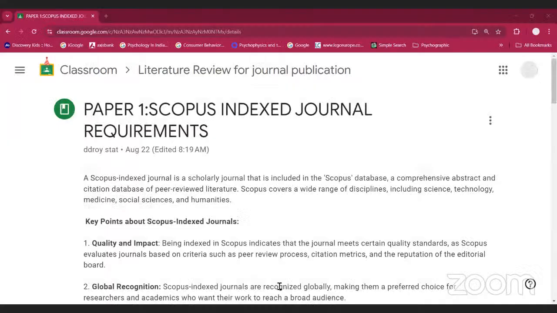Now I am requesting you to go to the Google Classroom. I am requesting Dharam Singh, please start reading the Scopus Index Journal requirement.